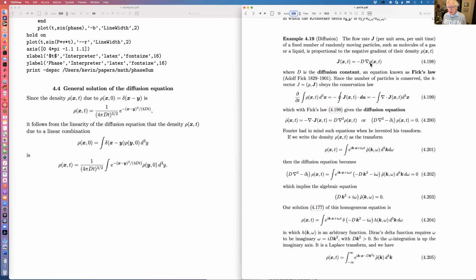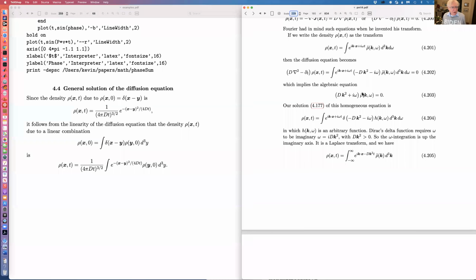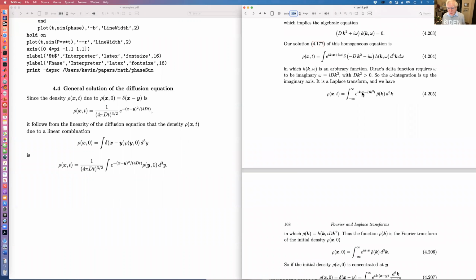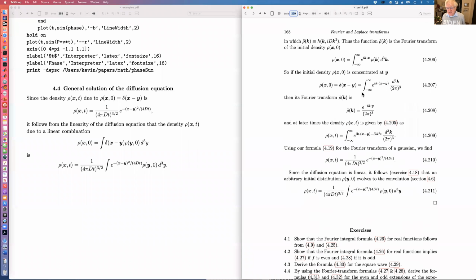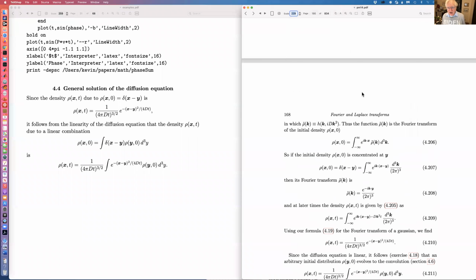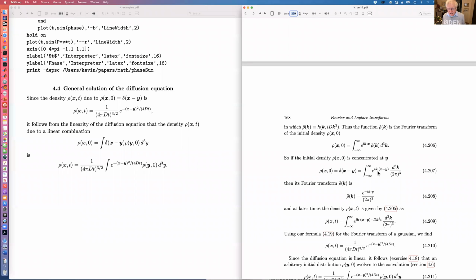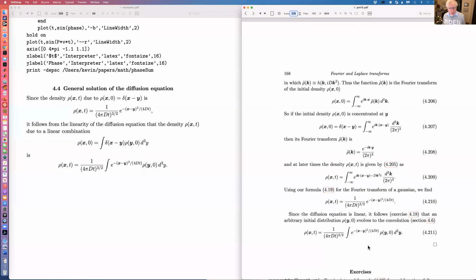So basically, if you have high density, there's a rate of flow away from regions of high density. And what I did here was derive this expression, which is that equation.